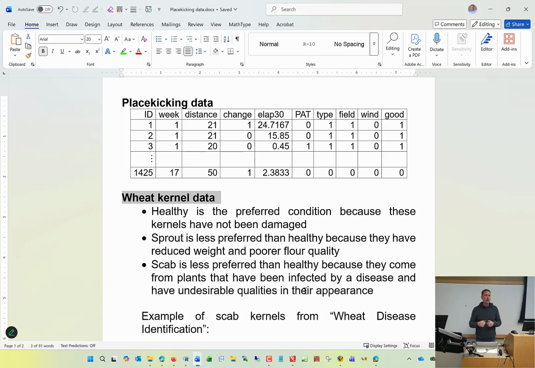That's what this variable good summarized: 1 for success, it was good, 0 for failure. And then what I've done in the past is use information such as the distance of the place kick, the wind, the type of field, is it grass or artificial turf, to try to predict, will this be a success or failure? We have 1,425 observations to help us make a mathematical statistical rule to make that judgment.